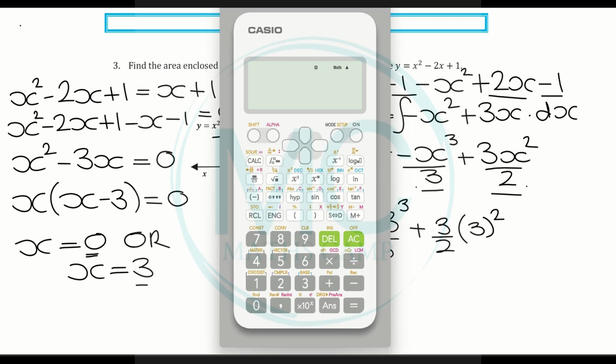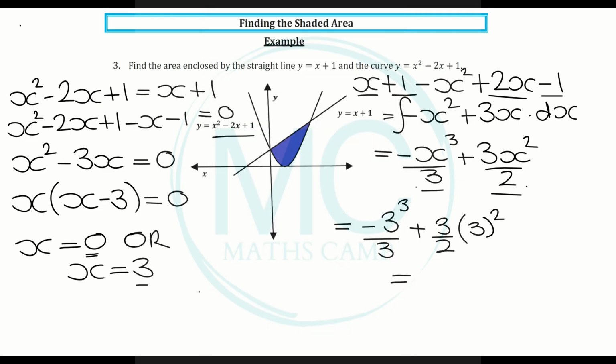Now I can take my calculator. Negative 3 cubed over 3 plus 3 over 2 multiplied by 3 squared is equal to 9 over 2. This is our shaded area.